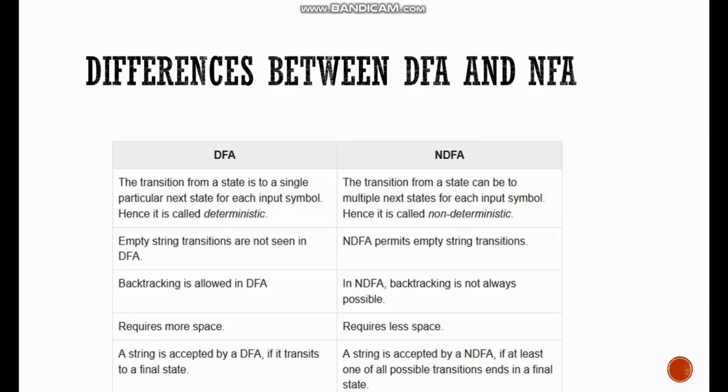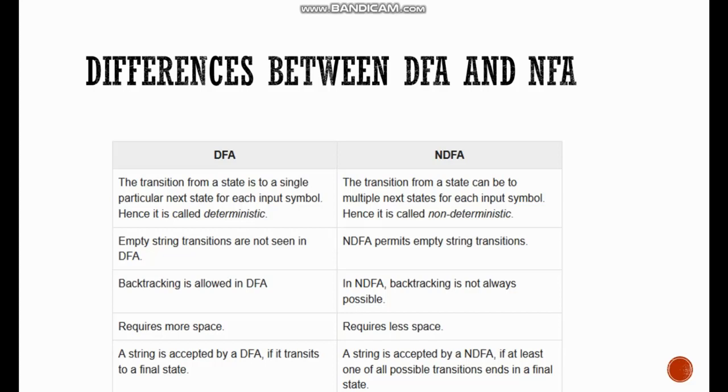In a non-deterministic automaton, the transition from a state can be to multiple next states for each input symbol. Hence, it is called non-deterministic.